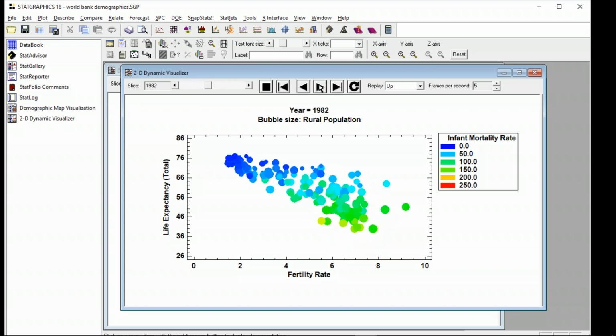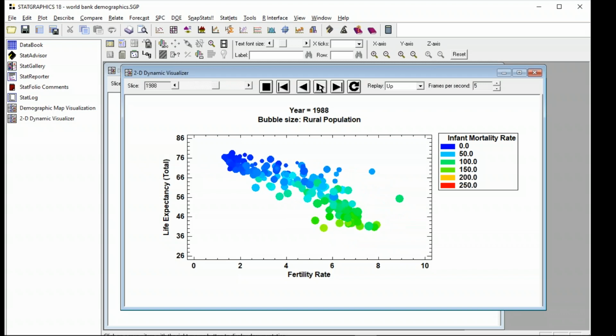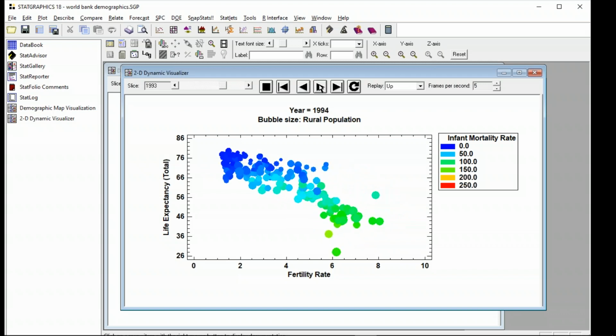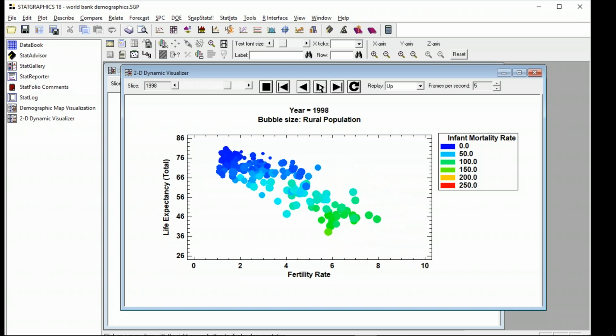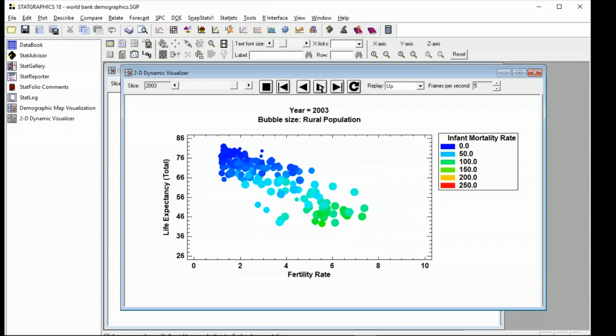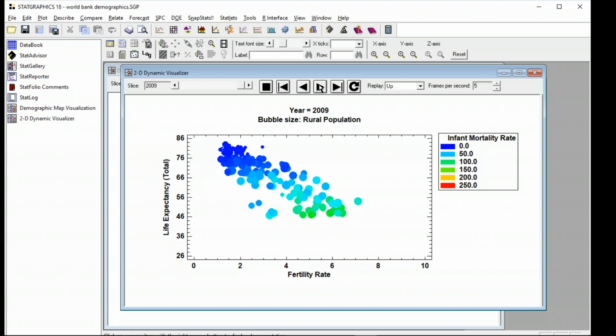The general pattern over time has been for all countries to move up toward the upper right. Life expectancies have grown pretty much everywhere around the world. The fertility rate has come down.